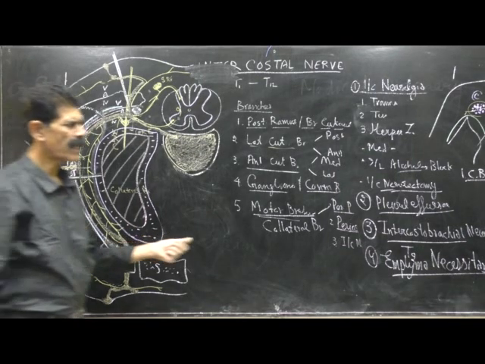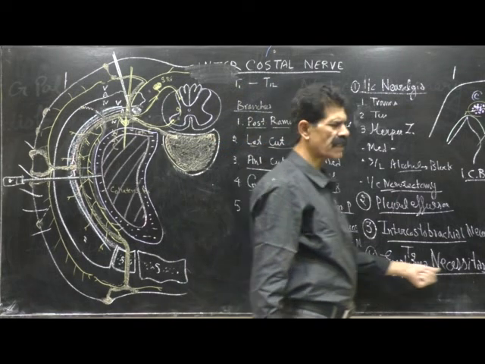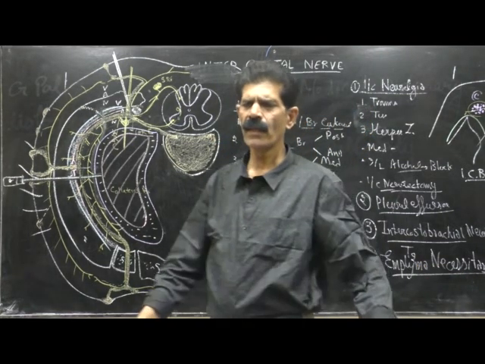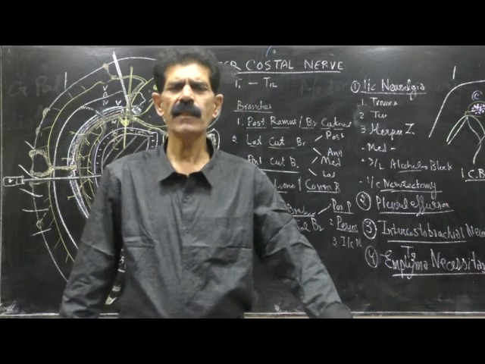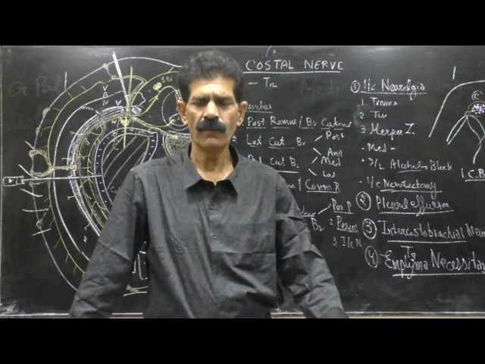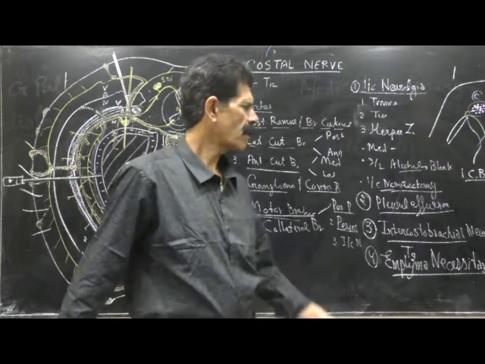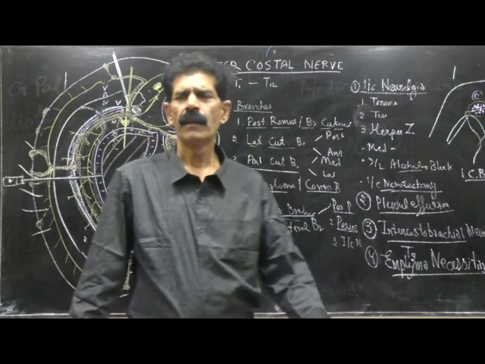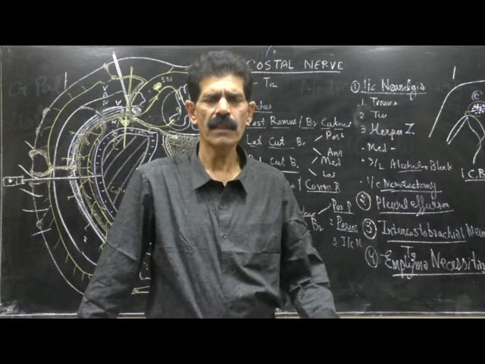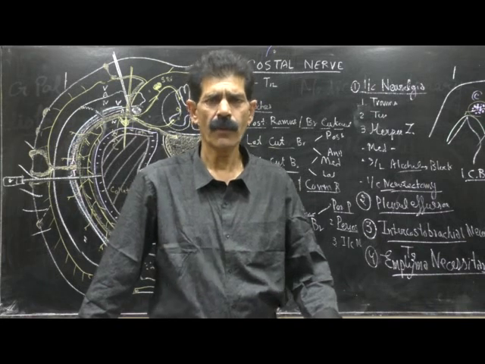So this condition is called empyema necessitans, where there is pus distribution along the sensory or the cutaneous branches of the intercostal nerve. So this is how we study the intercostal nerve along with its applied importance. That's the thing.